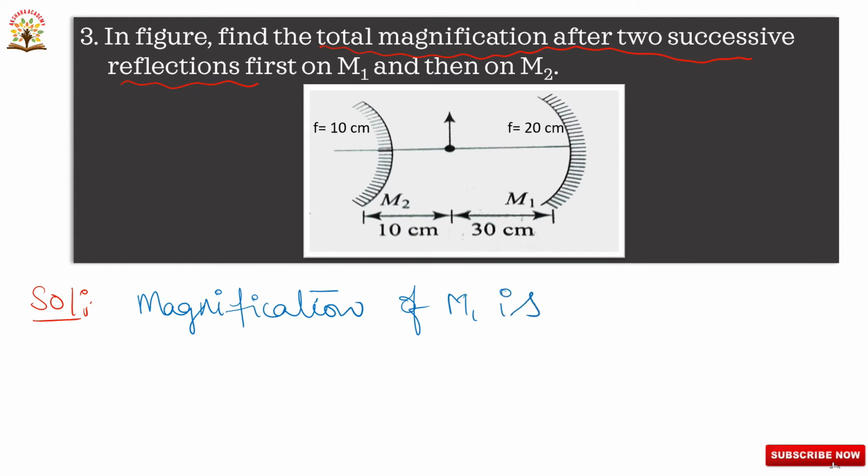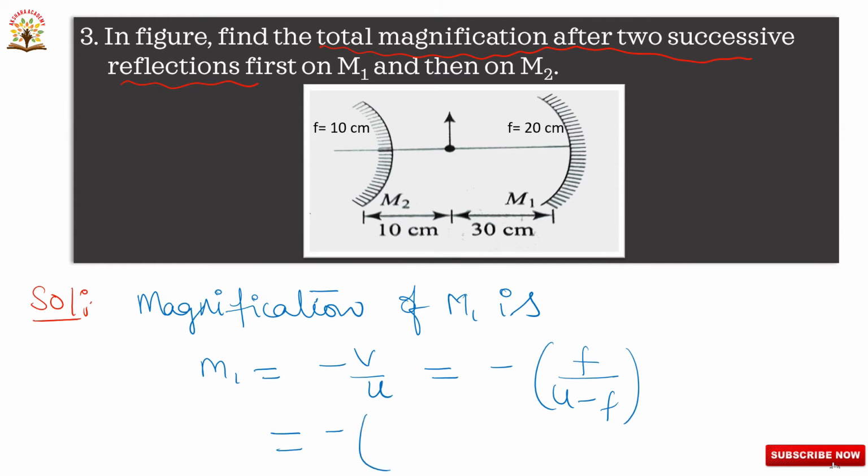M1 is equal to minus V by U, that is equal to minus F by U minus F. Now we are substituting values. Minus F, for mirror M1, is 20 centimeters, so 20 by U minus F, and U is given as 30 centimeters.